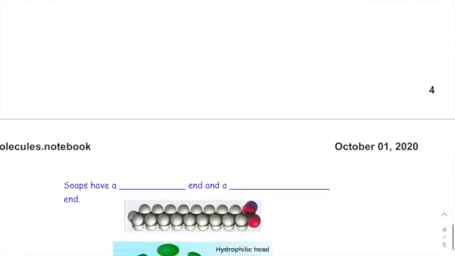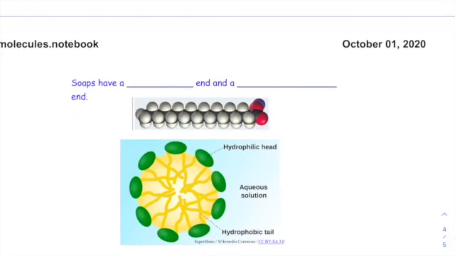They also happen if we can turn fatty acids into soaps. And we're going to talk more about these in Unit 3.